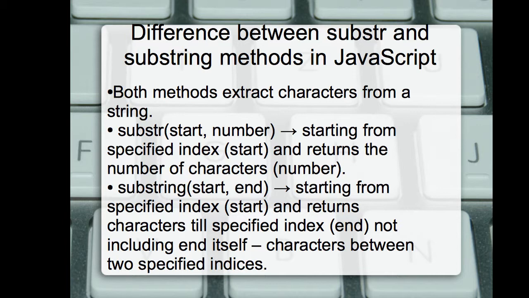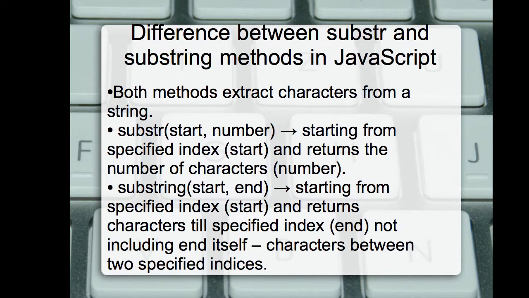That is, the characters between the two specified indices are extracted in case of substring method, whereas we are specifying the length, that is how many characters are to be returned from the starting index in case of substr method.